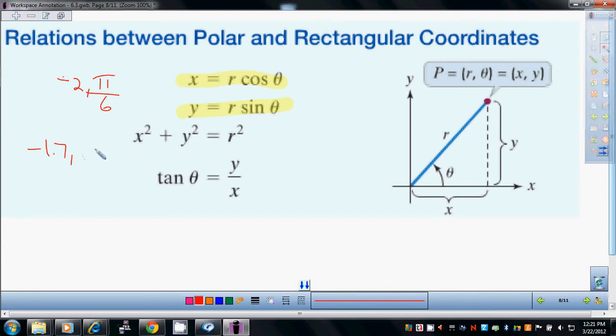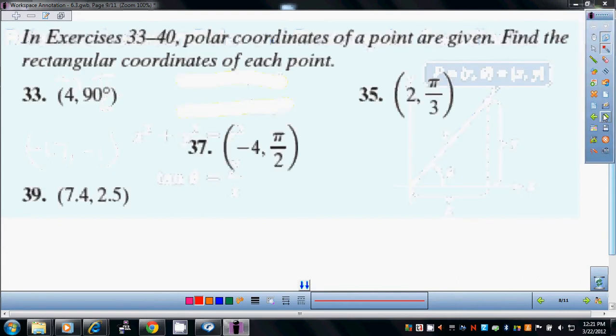Yep, just use sine instead of cosine. -1 even. There you go. And you found your rectangular coordinates. This whole slide is done just like that. The only difference is you have to bounce back and forth between radians and degrees. R cosine theta, R sine theta.